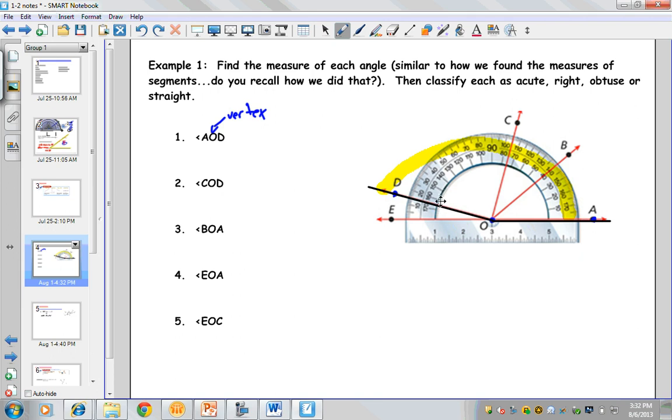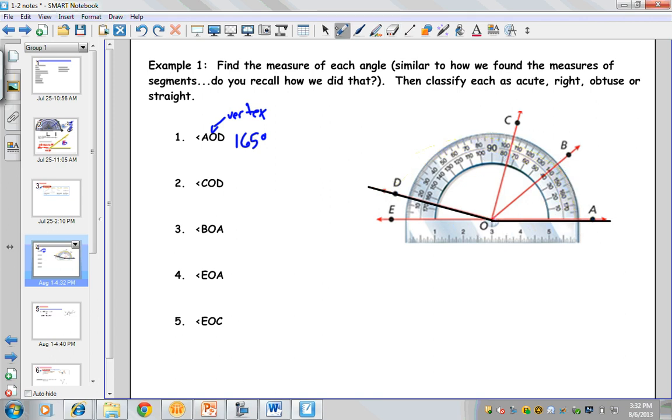This is 160, 170. It looks like it's going to be 165 degrees. So angle AOD is 165 degrees. Remember, you could also say it's 15 degrees, but since it's an obtuse angle, it's going to be 165.